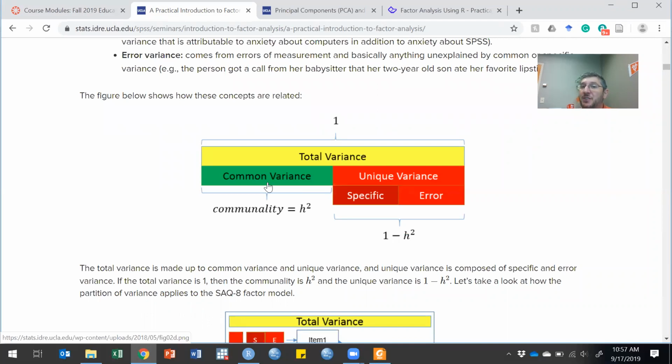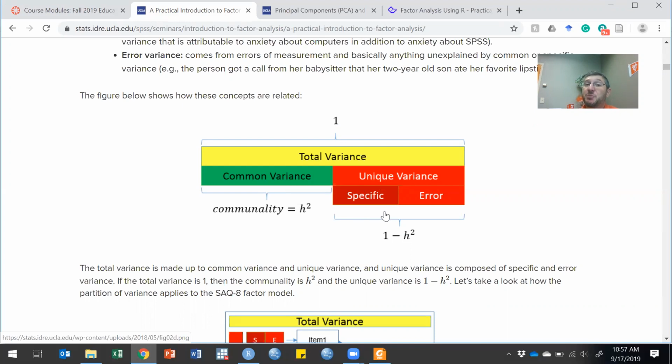And we can think of unique variance as also two parts: variance that's specific to that variable, and variance that's specific to that variable, but not really reliably so. And we call this error variance.